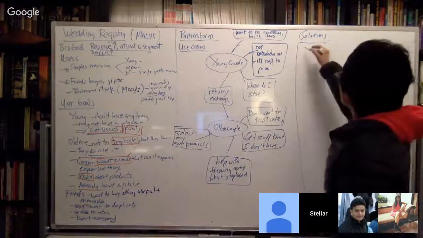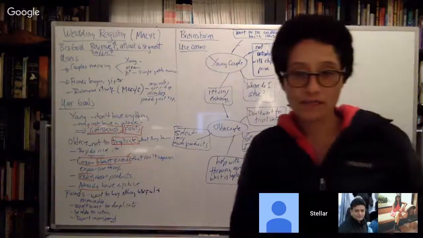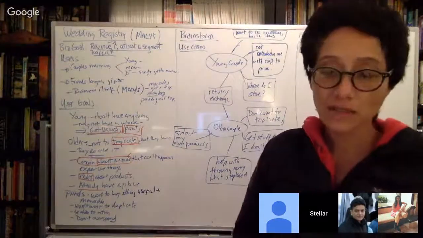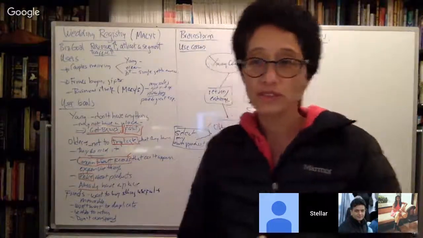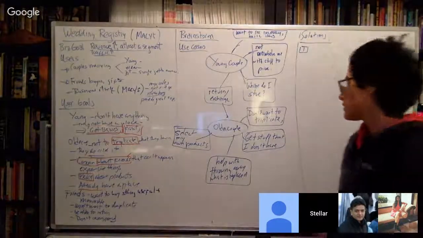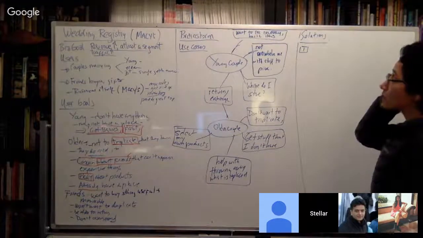Let's say I don't want to triplicate stuff. I'm 30-something years old, getting married, I lived all my life single, so I have everything for the kitchen, the dining room, whatever. Same thing as my partner. So we don't want to triplicate. What feature can help me?